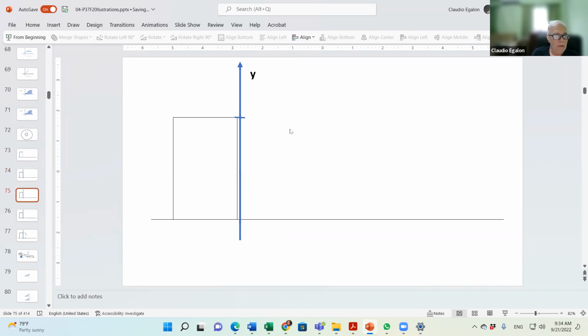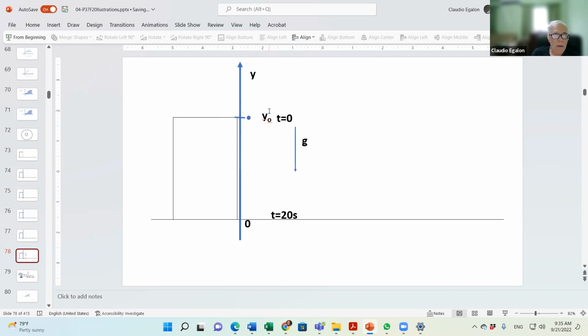Y-axis. Here's the point where the stone is located, at the top of the building. Then you're going to get your stone and put it right now at the top of the building.